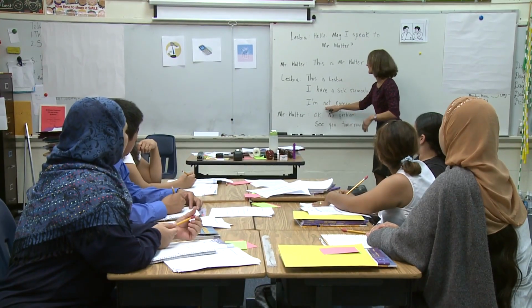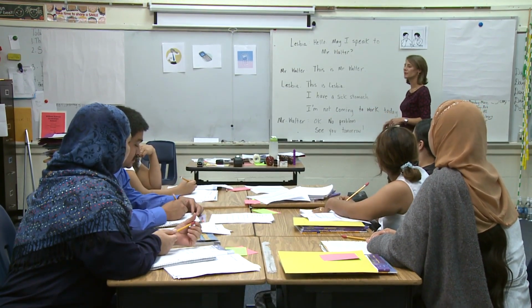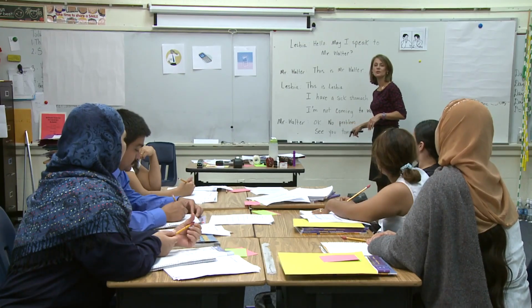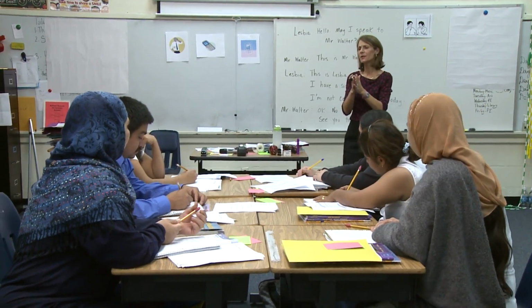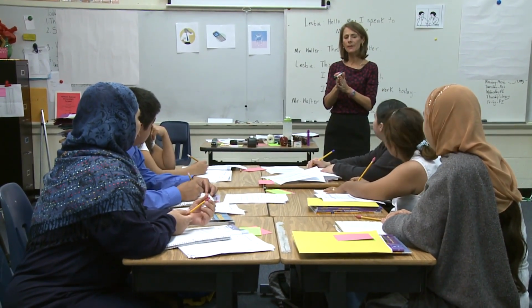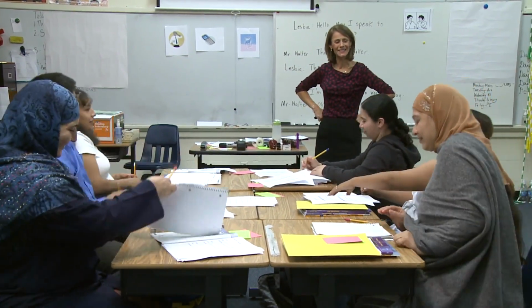I not coming to work late. See you tomorrow. Good. Now, here's what I want to do. I want everybody to stand up because we did a lot of sitting in this class.